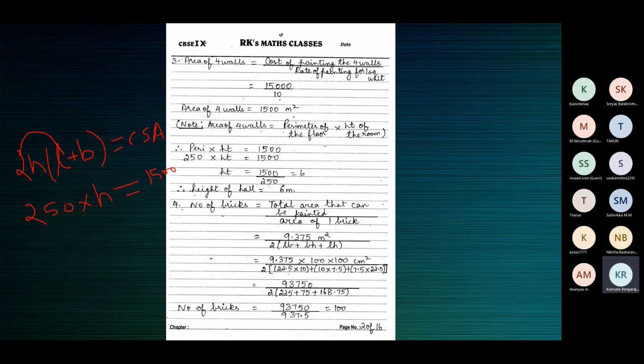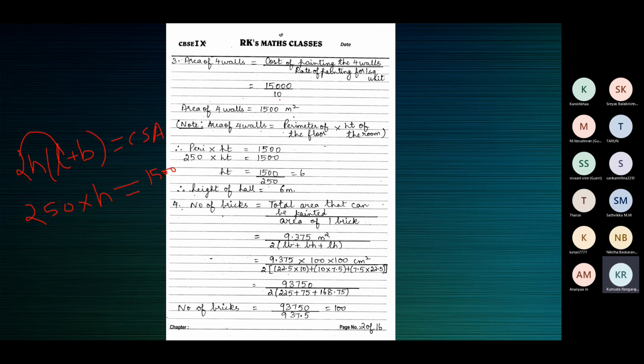But using that paint, we can paint a total area equal to 9.375 meters square. We don't know the volume of paint, whether there is 1 liter, 2 liters, 3 liters of paint. But all that we know is using that volume of paint, you can paint up an area equal to 9.375 meters square. So much area you can paint.